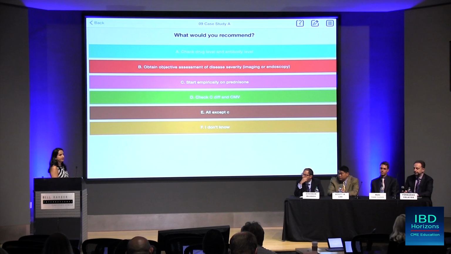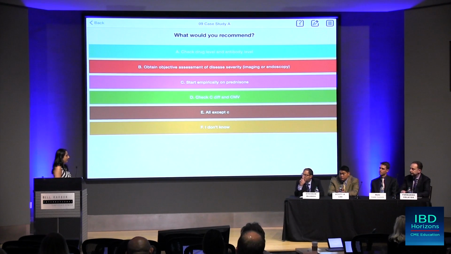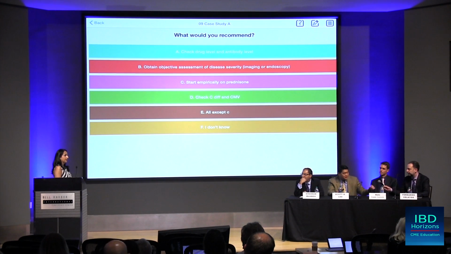So Dr. Vallejos is suggesting that first we should rule out infection as well as check drug levels and antibody levels. But Dr. Vallejos, the patient says, I'm dealing with this for so long. How long until you get these levels back and make a decision for me? Usually the drug levels come back in about a week.